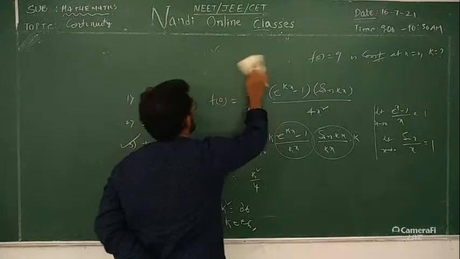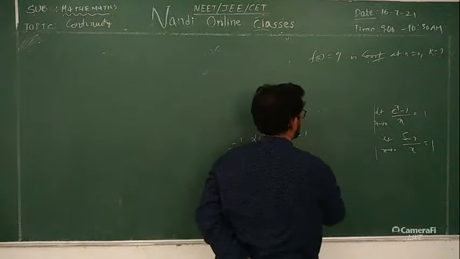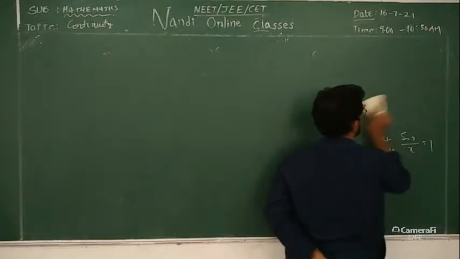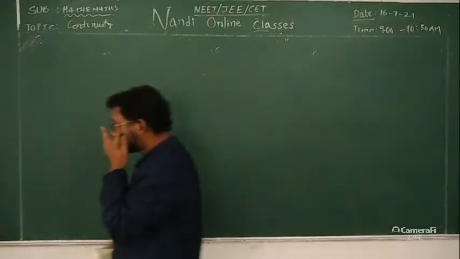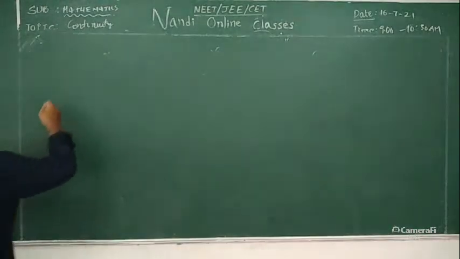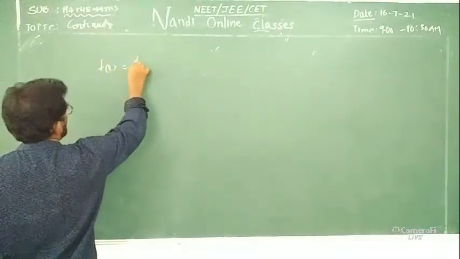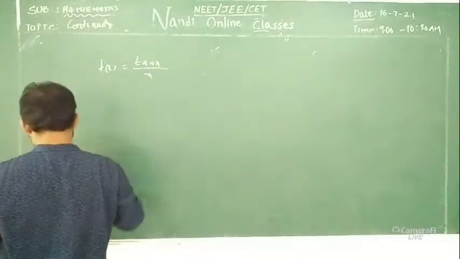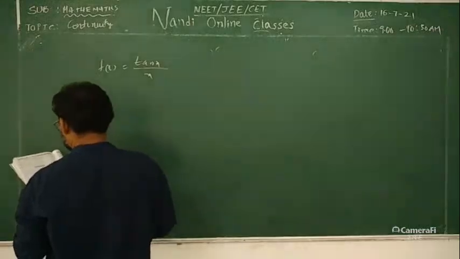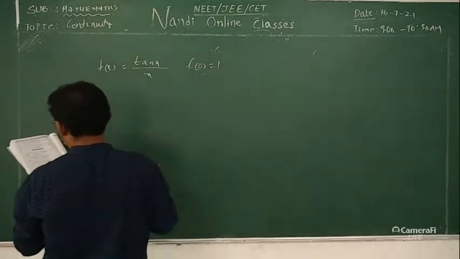Okay, now let's go with another problem. F of x is equal to tan x by x, and f of 0 is equal to 1.